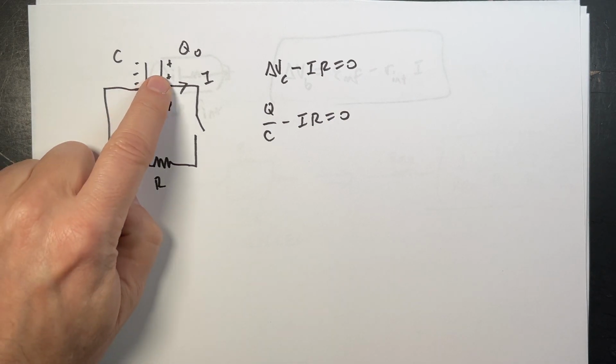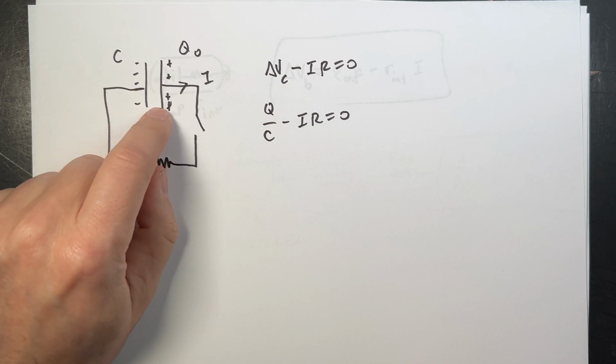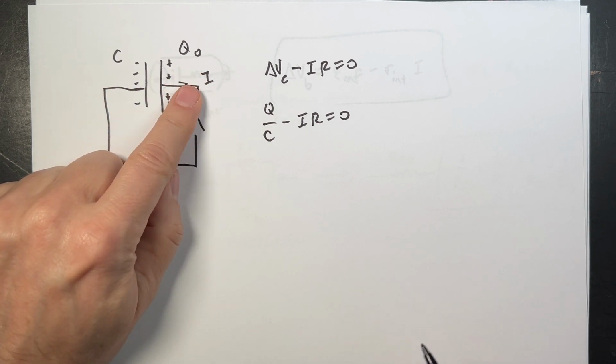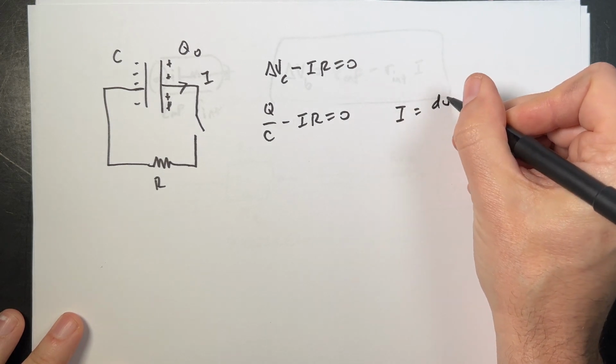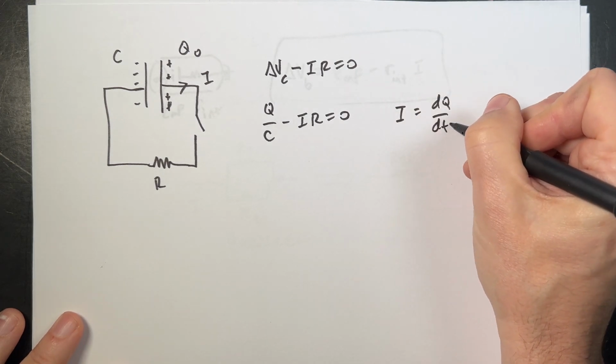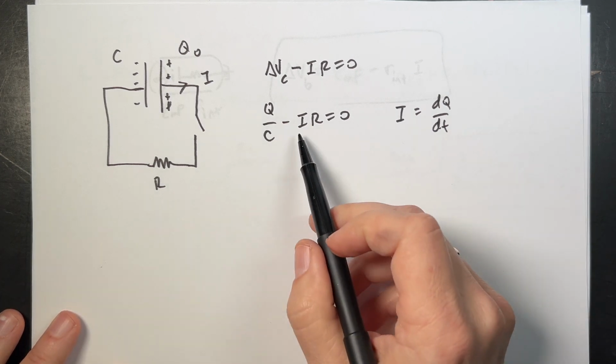Right, so as the charge decreases on the capacitor, the voltage across it decreases, and it should decrease the current. Now, I can also write I as dq dt. It's the rate of change of the flow of charge. And I can put that in up here.